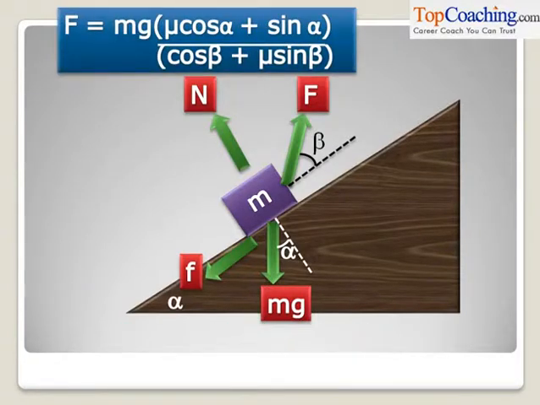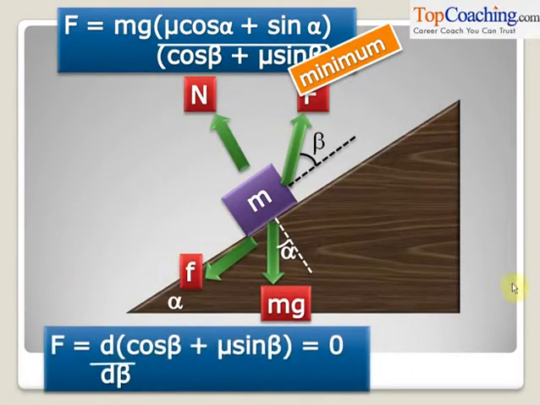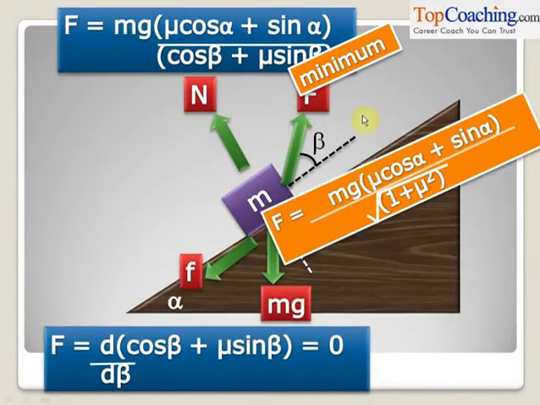Since we want to find out beta such that this force is also minimum, therefore we can differentiate this expression with respect to beta to get the value of beta for which even this expression is minimum. When we do that and we put dF by d beta equal to 0, we get the value of the force capital F as this expression.